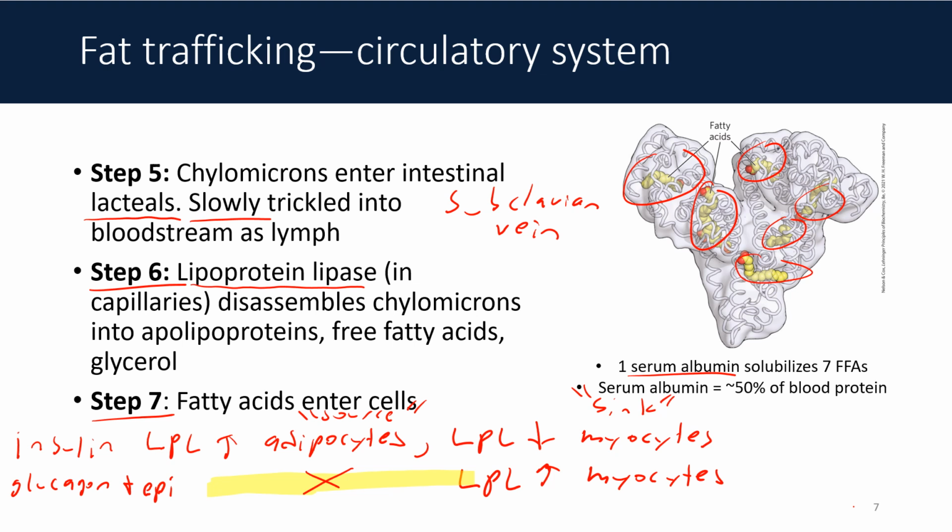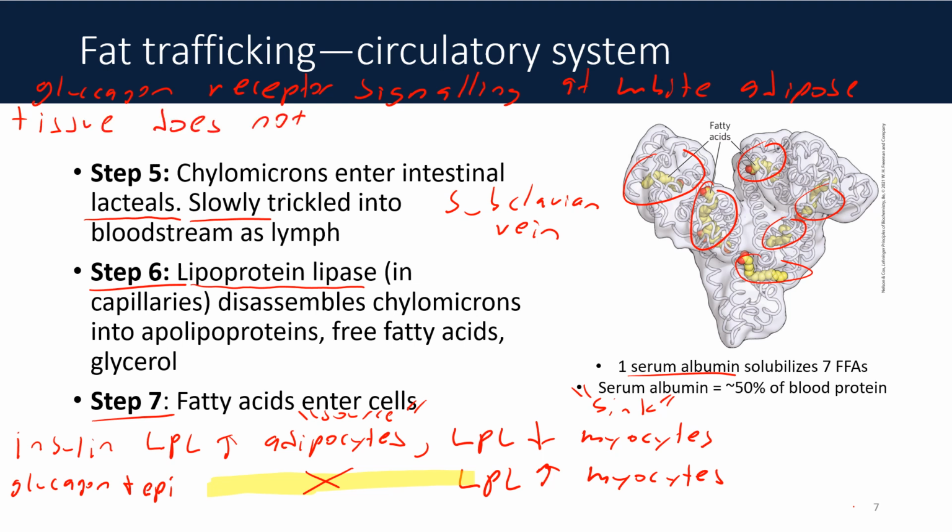And there's actually an article that was published in 2022, and the title says it all. The title is actually Glucagon Receptor Signaling at white adipose tissue does not regulate lipolysis. 2022.